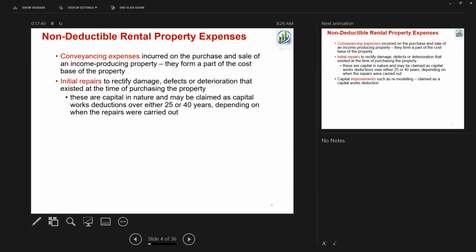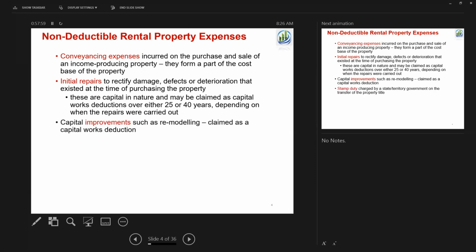That will be included in your capital cost and you can deduct it from your income tax, right? So that's your normal depreciation method, not under repairs and maintenance. Over time, you can deduct it, same as conveyancing fees.